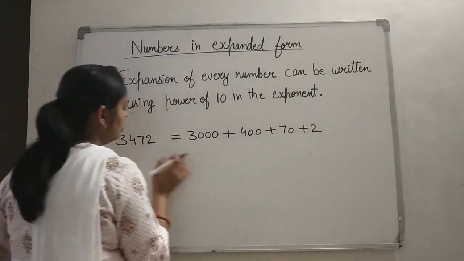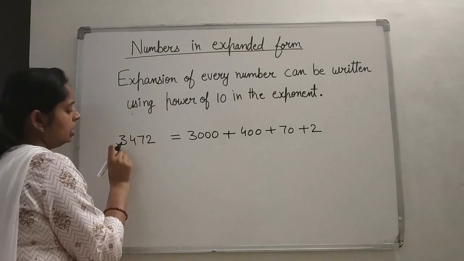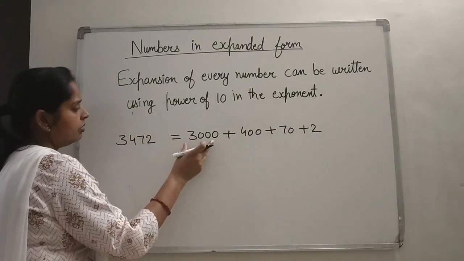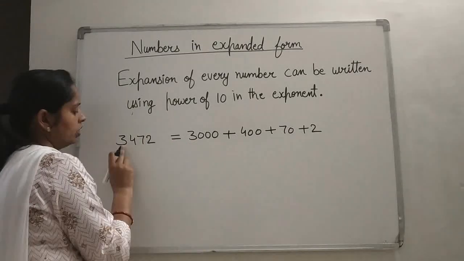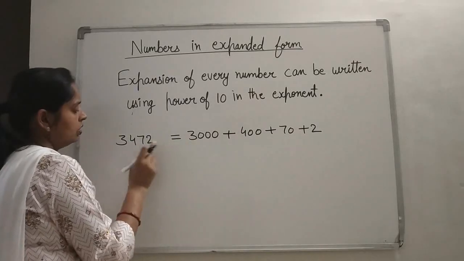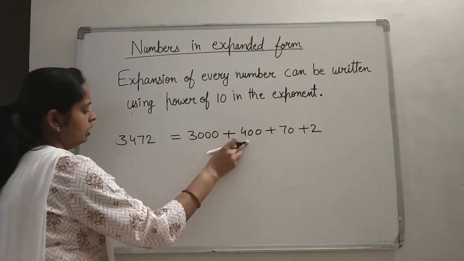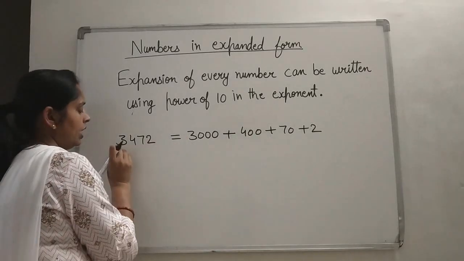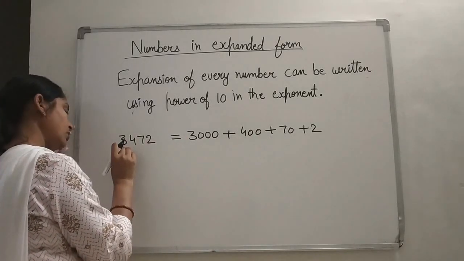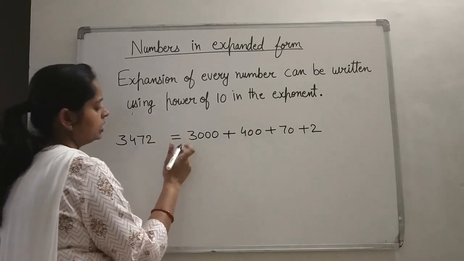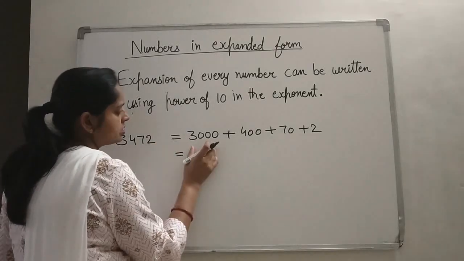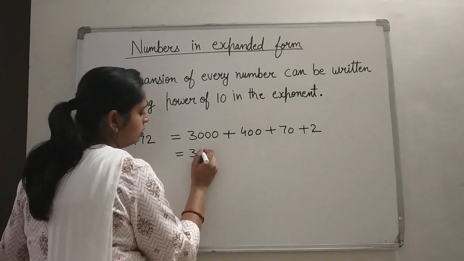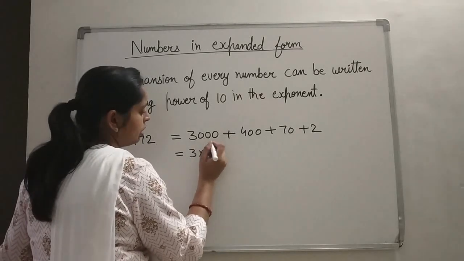So how are we doing this expansion? For each and every digit we write its place value. What is the place value of 3? That is 3000. What is the place value of 4? That is 400. The place value of 7 is 70 and the place value of 2 is 2. So we are adding all the place values of all the digits, right? And this can be written as 3 into 10 to the power, how many zeros are there? 3.